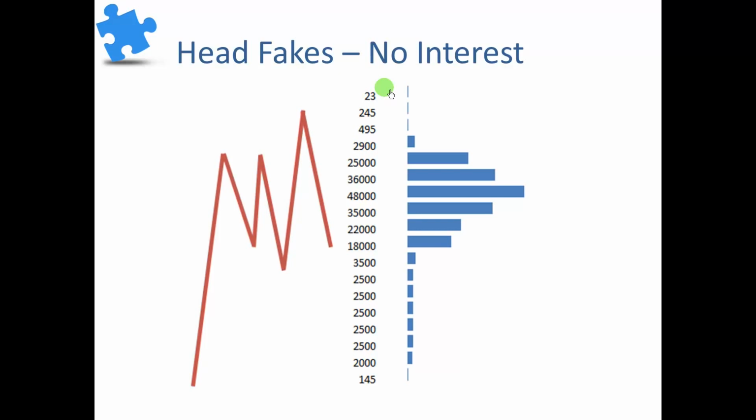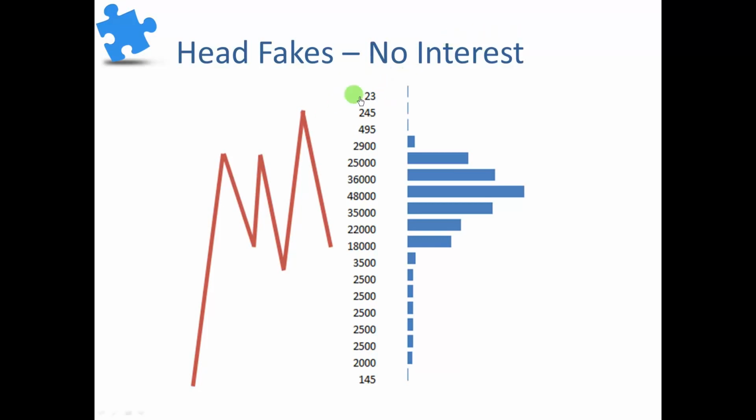With the trap head fake, just by the nature of the fact that somebody's absorbing those contracts and there's a lot of trading, so in the previous example 25,000 contracts, it's going to take a lot longer for that trap head fake to develop. You're going to have more time to make a decision. So you're going to go up there and wiggle around the area. It's not just going to turn into an instant high volume node.